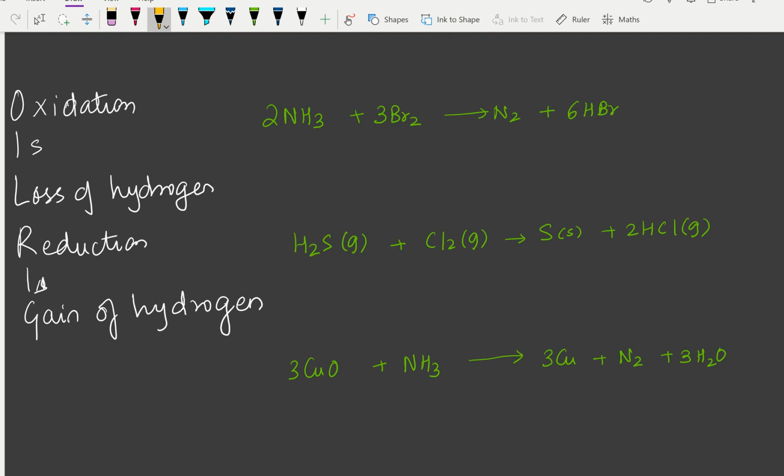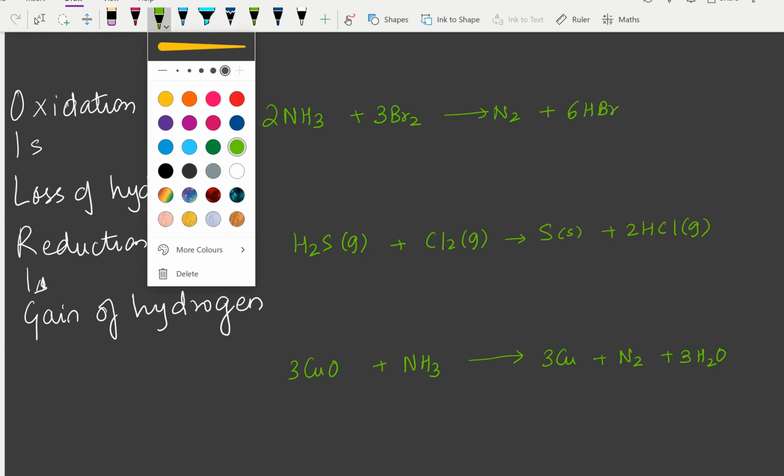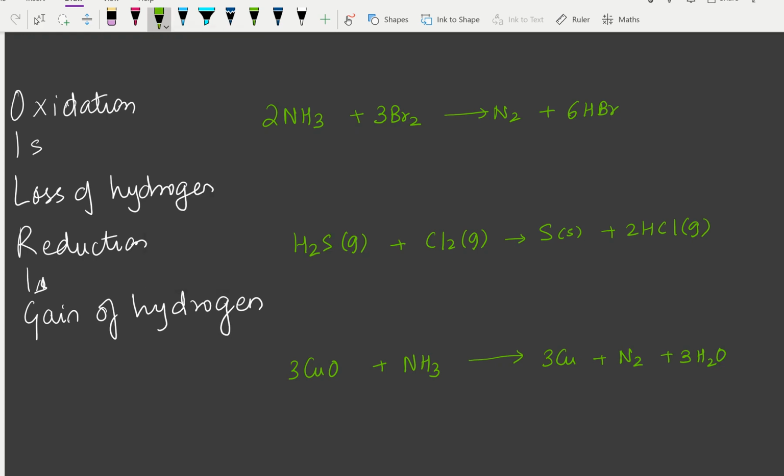So what's happening? Look at ammonia. Ammonia has 3 hydrogens, but when it changes to nitrogen and HBr, a hydrogen has been lost by ammonia.